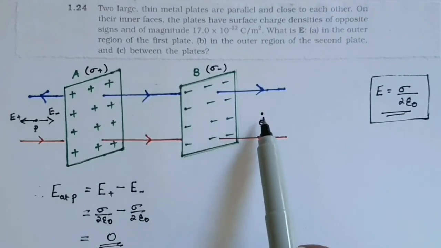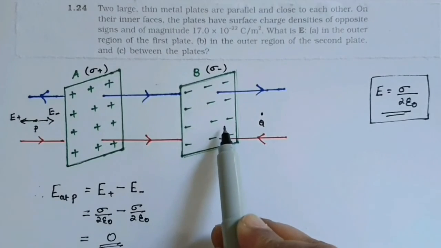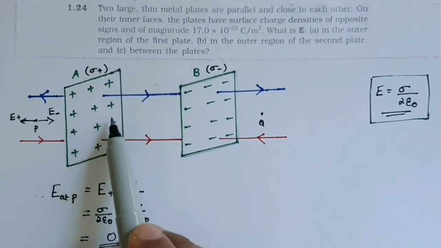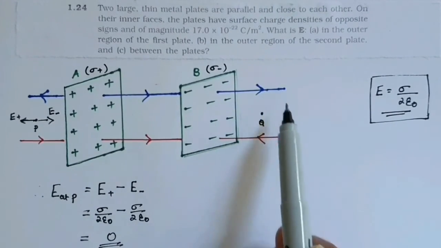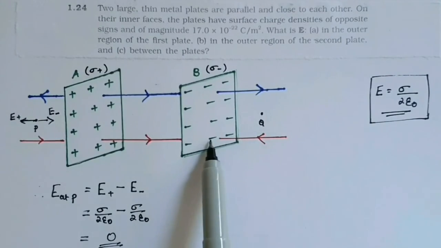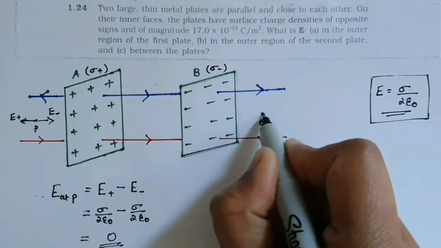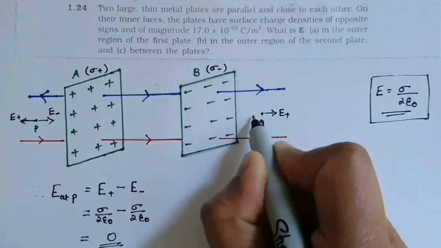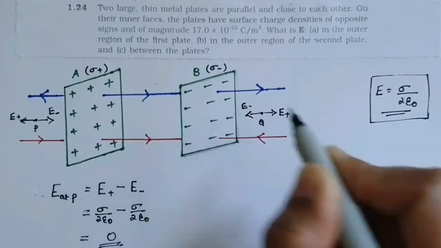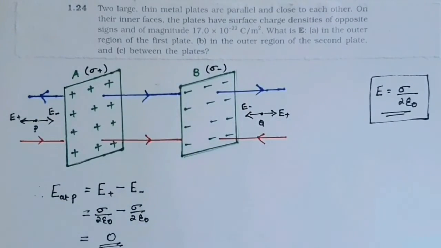Now consider a point outside of plate B, let it be Q. The electric field due to this positive plate acts along this direction, and for a negative plate acts along this direction. So this is the direction of E plus and this is the direction of E minus. Both are acting in opposite directions.